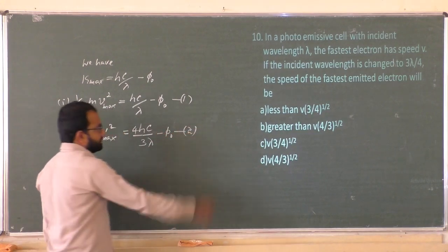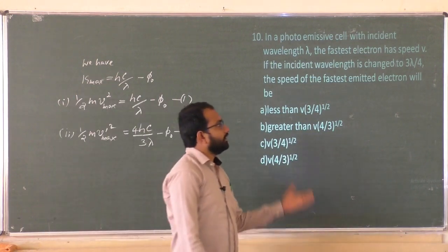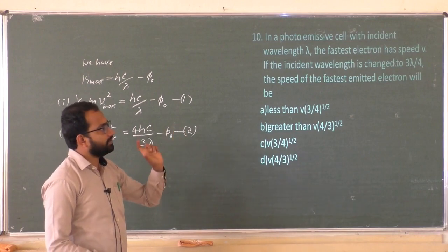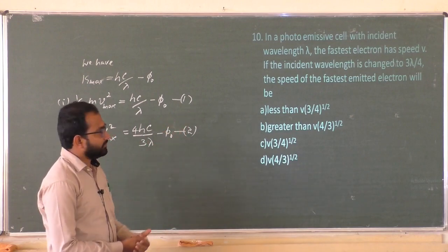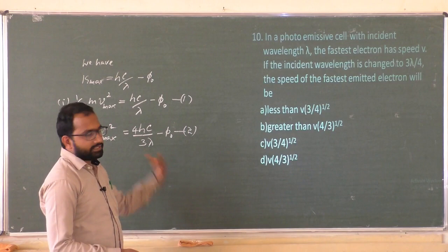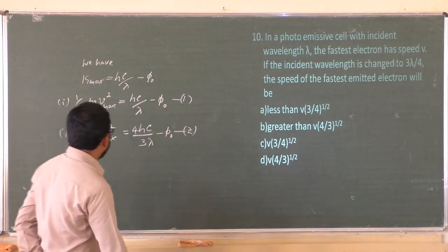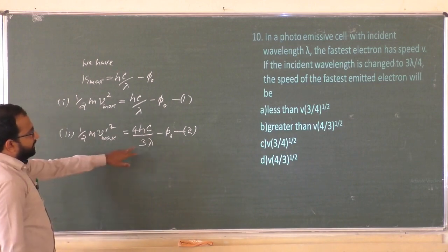The work function remains the same because it depends on the photosensitive material used. In a photoemissive cell you are not changing the emitter plate, therefore the work function is the same. So this is for the second case.